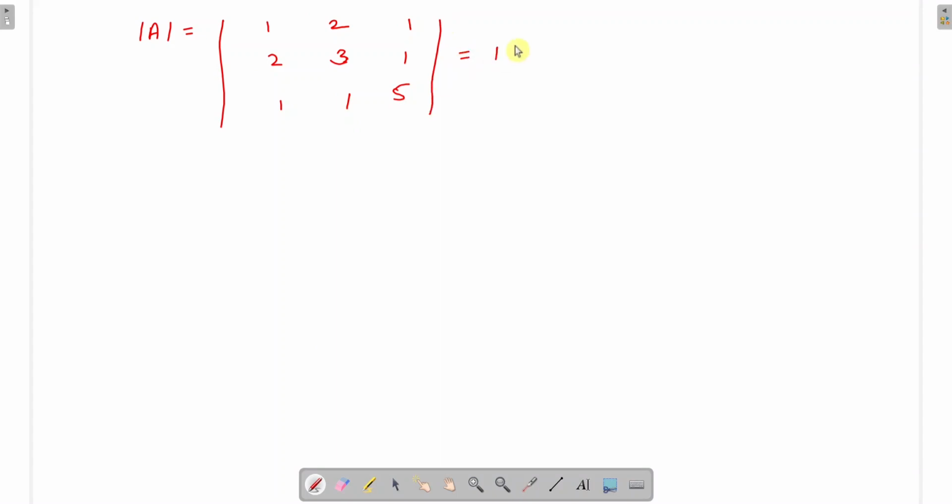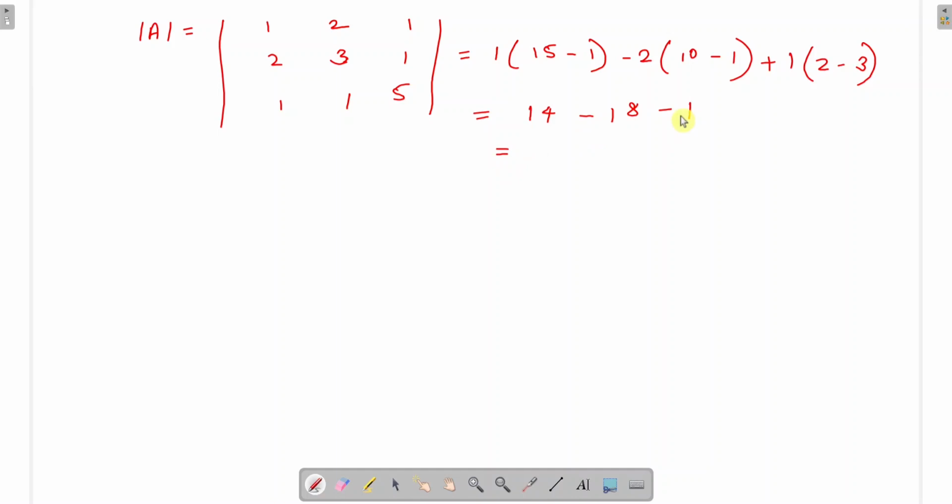So that will be nothing but 1 times 15 minus 1, minus 2 times 10 minus 1, plus 1 times 2 minus 3. Okay, so this is 14, minus 2 times 9 will be 18, plus 2 minus 3 will be minus 1.